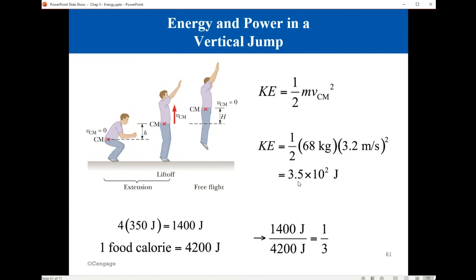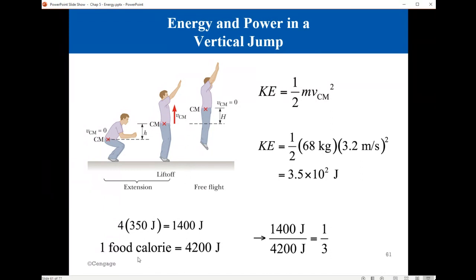The efficiency of energy transformation for humans is at best 25%. The remaining 75% is just wasted energy. So if you take the efficiency into consideration, this guy invested 4 multiplied by 350 joule, which is 1400 joules of energy when he did this jump.